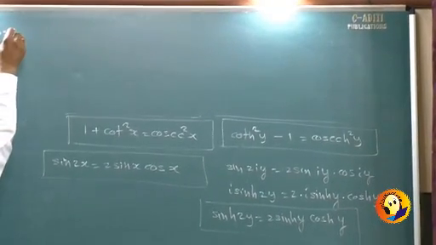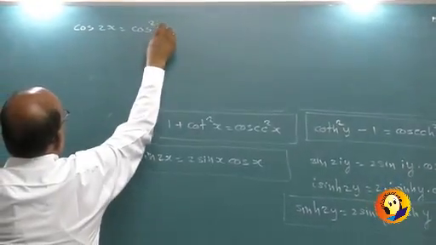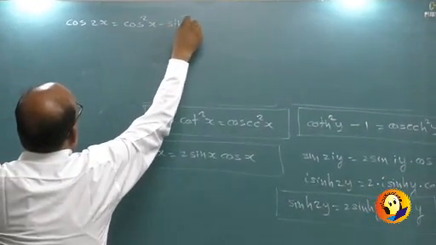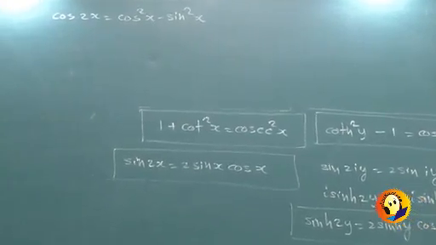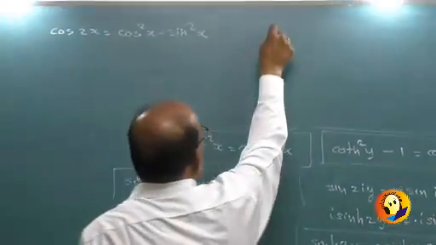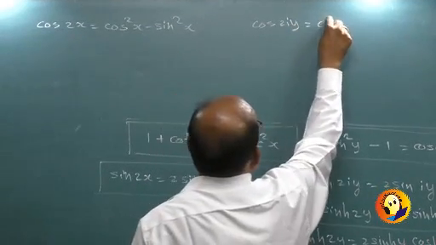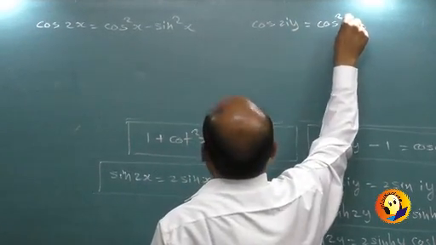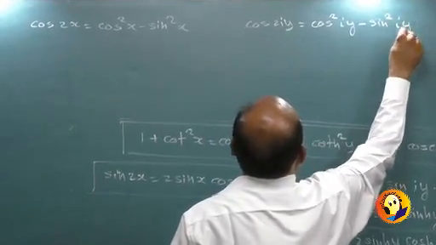Cos 2x is cos square x minus sin square x. So it will be cos of 2iy equal to cos square iy minus sin square iy.